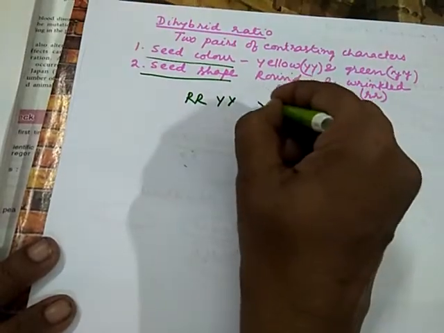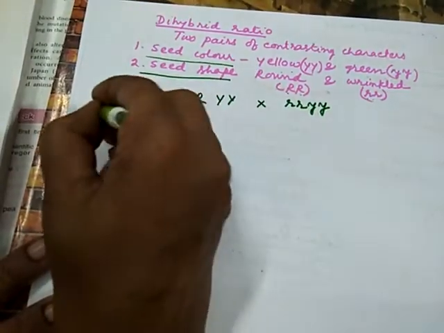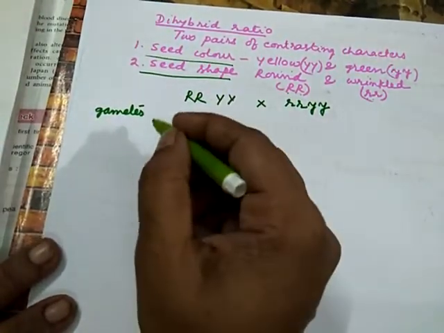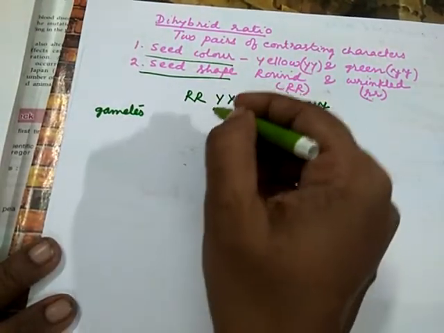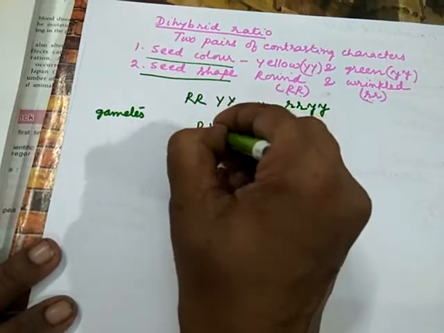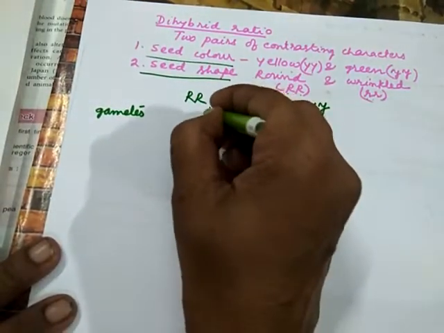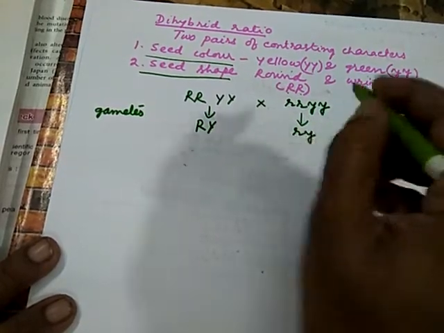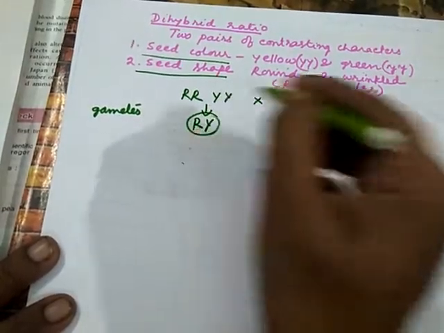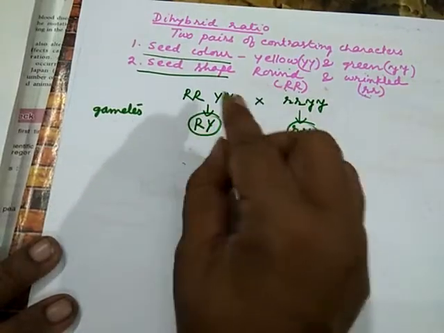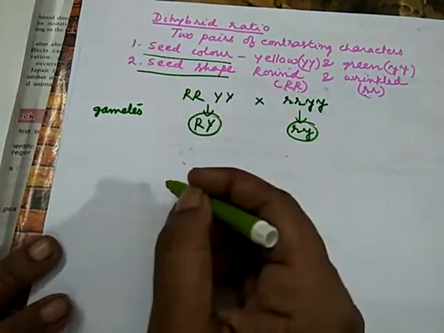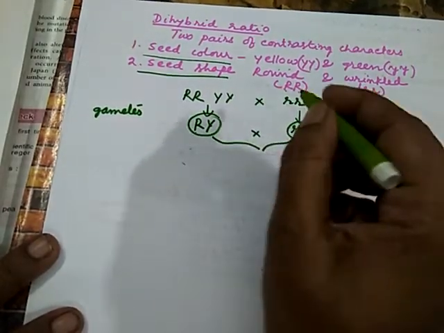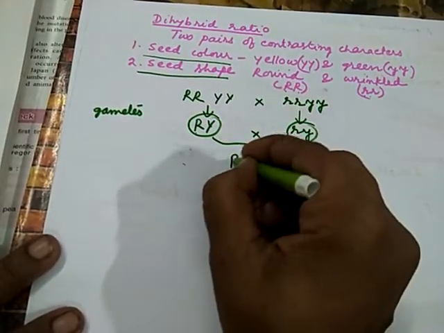So we will allow for the cross and form the gametes. The gametes contain R, Y, and here the gametes are with these two. That means both the characters will be present in each gamete. Allowing for the cross, they appear like this.